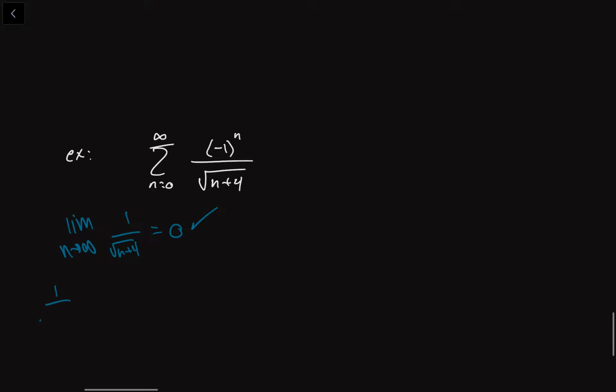Is 1 over n plus 4 equal to or greater than 1 over n plus 5, the next term? I'd say so, because once again the denominator is increasing, slower in this case than the last case, but the denominator still is increasing as the terms move on, which means the entire fraction is decreasing. So both conditions are met. It is convergent by the AST.